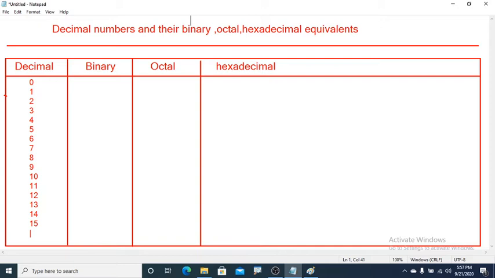In order to match with hexadecimal, I take decimal numbers till 15.